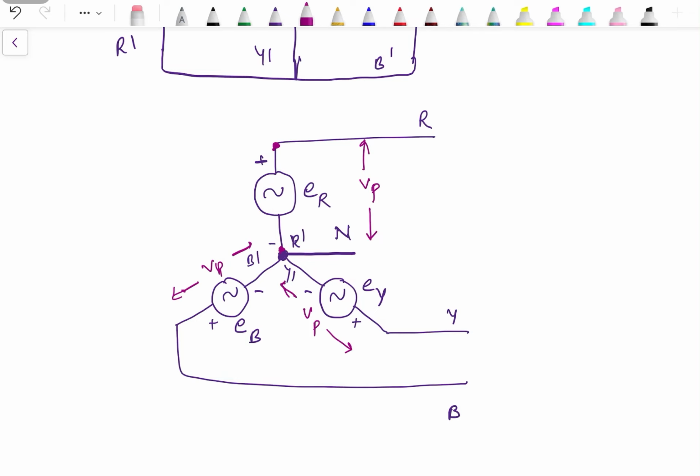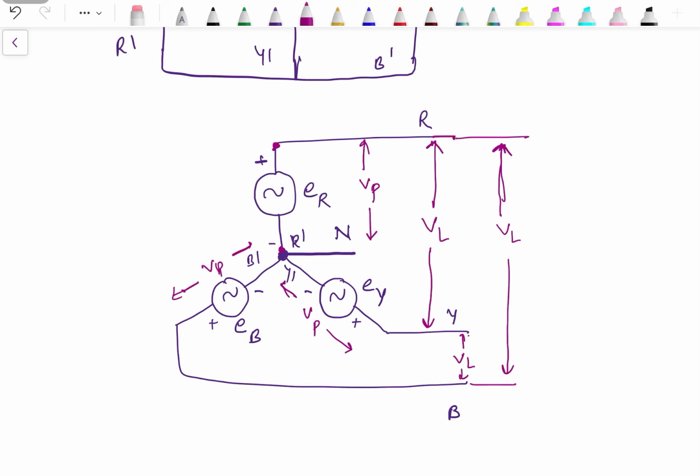While if we measure the voltage between any two lines, this is known as line voltage. Any pair of terminals, or any pair of lines, these are the two terminals available from this connection, or between Y and B, again this is line voltage, or between R and B, again this is line voltage.